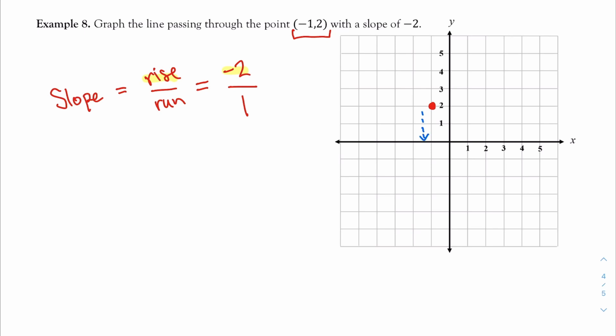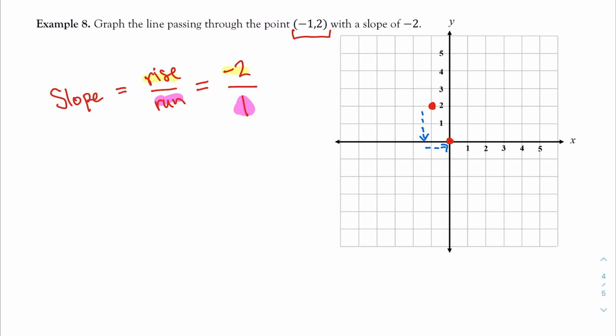I go down 2 units. Then I must run 1 unit in the positive direction. If I use 1 unit in the positive direction, that is 1 unit to the right, then my next point should be at the origin.